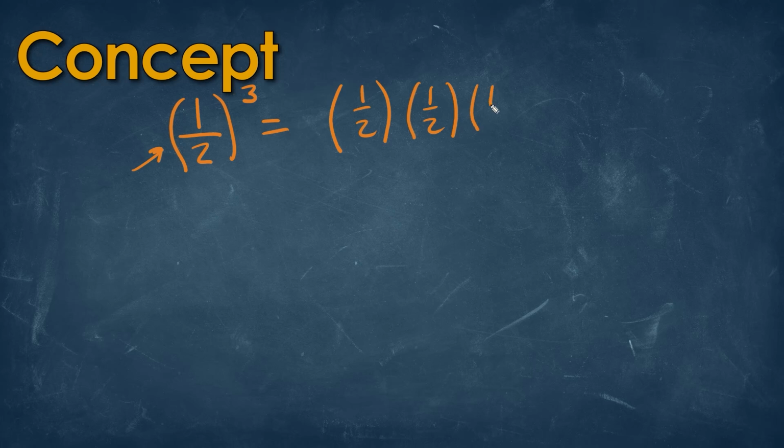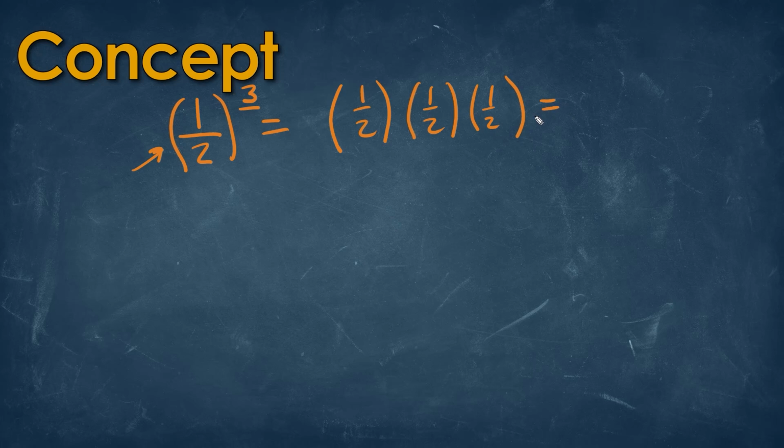Now another way that we can see exponents is what happens if we have a fraction. Say we have the fraction 1/2 raised to the 3rd power. When we see something like this, we still consider this our base. It's how many times we are going to multiply this out, which would be 1/2 times 1/2 times 1/2, because we have 3 instances where we need to multiply that.